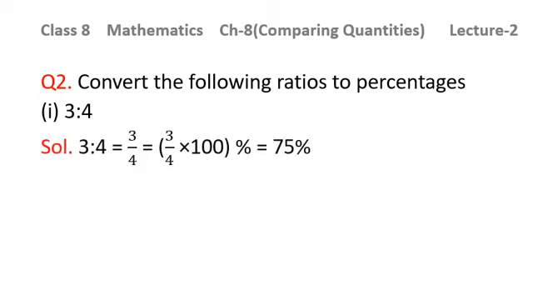So how will we do it? 3:4 can be written as 3 over 4. Then I need to convert it into percentage, so I will be multiplying it by 100%, and after solving and cancelling out, your answer will be 75%. Second part you are supposed to do on your own. I hope you will be able to do that part.